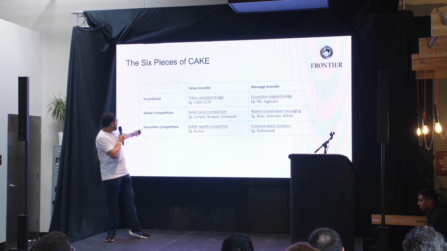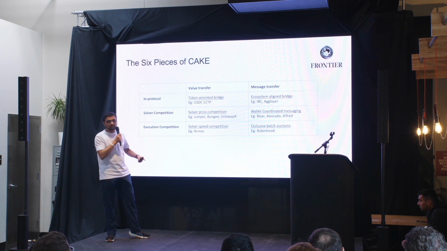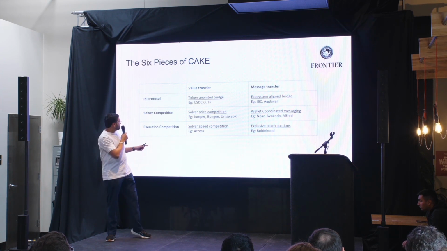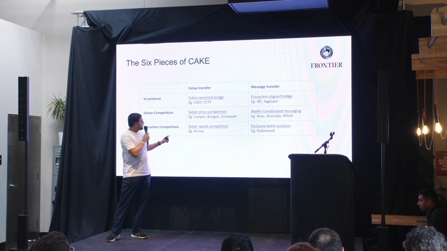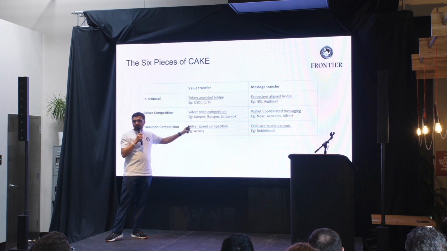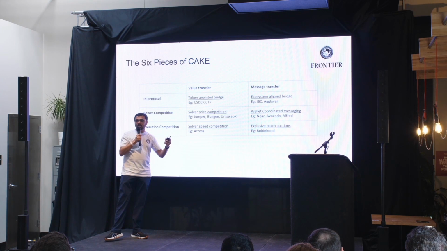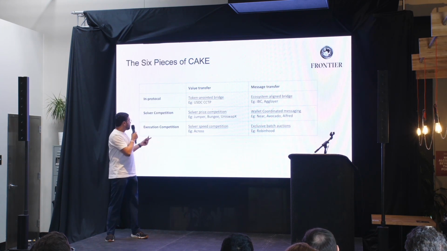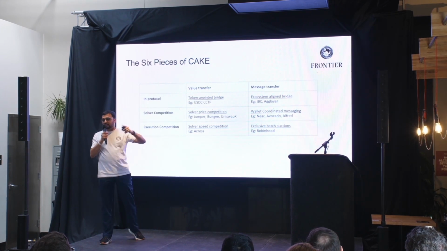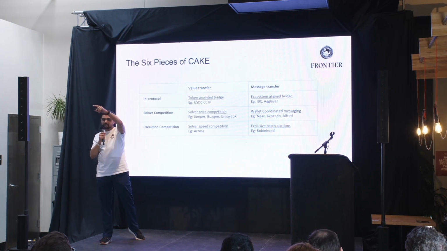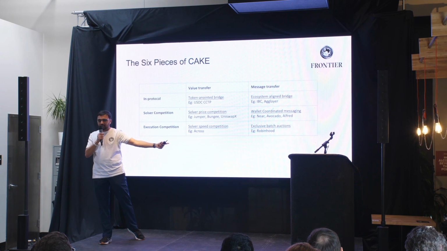The third is execution competition, where you sacrifice price improvement or optimal price, but you are trying to optimize for execution guarantee. You are trying to make sure that my transaction goes through, that of those 30 things I need to do to satisfy the user's intent, they actually end up happening.